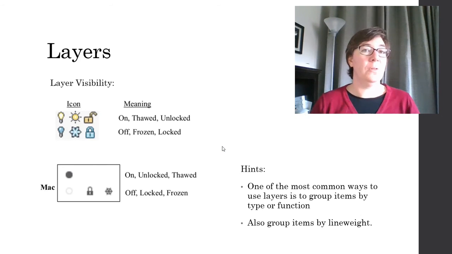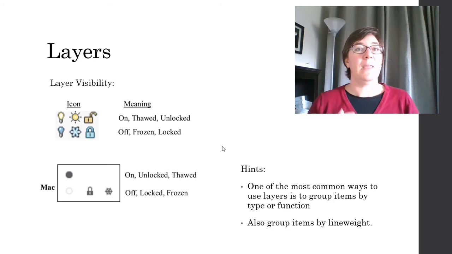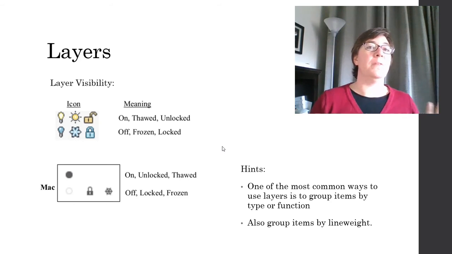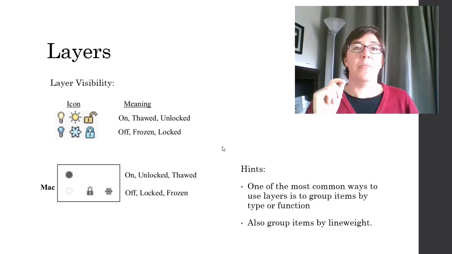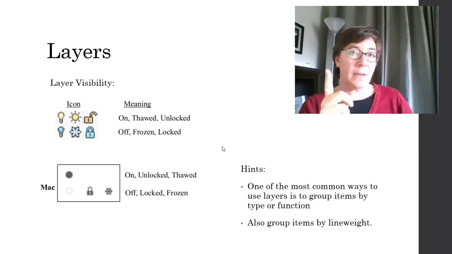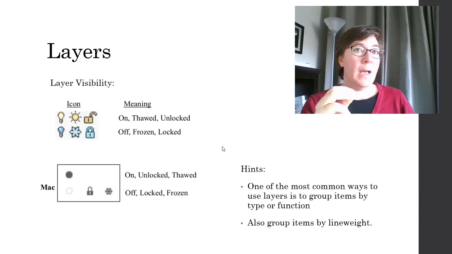So you can select and change those properties here in this window. Layers have different controls for visibility. They can be turned on and off, and this will go between all of the different viewports and different views. Thawed and frozen is slightly different than on and off. It's specific to a viewport.